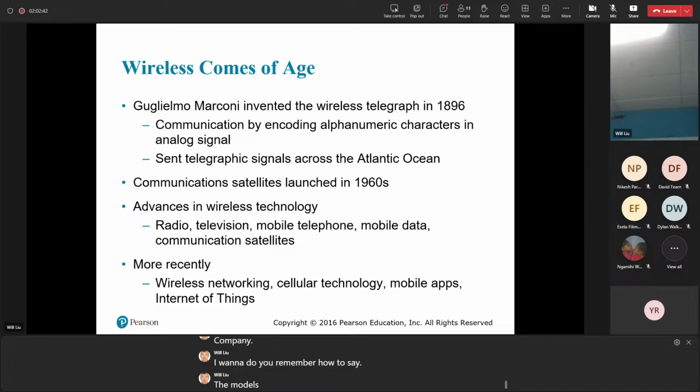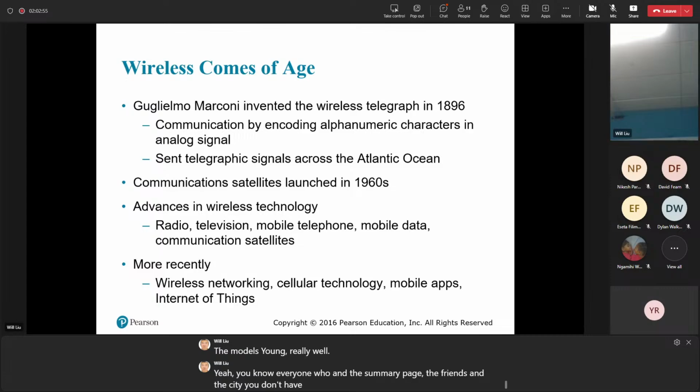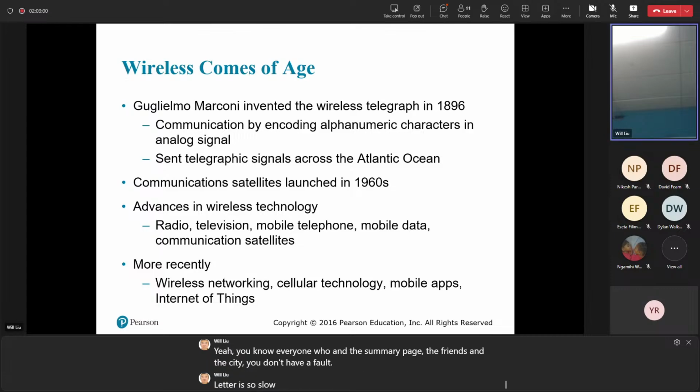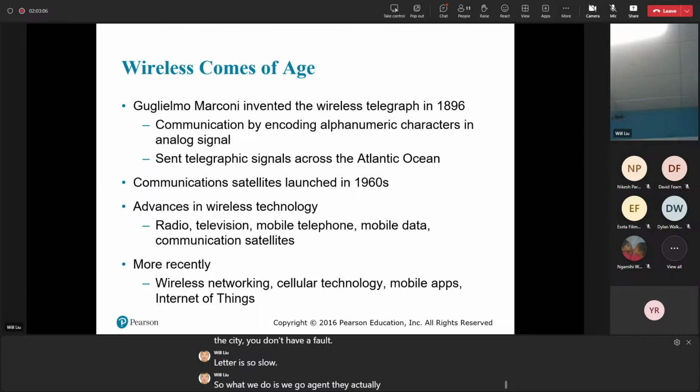When I was young, I'm nearly 50 now, if we wanted to send a message to friends in the city, we didn't have phones. We could not call. Letters are too slow. So what we did was go to the agent, which are actually companies.